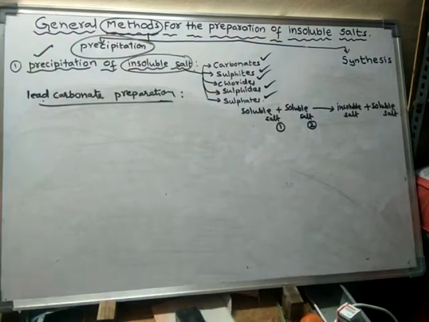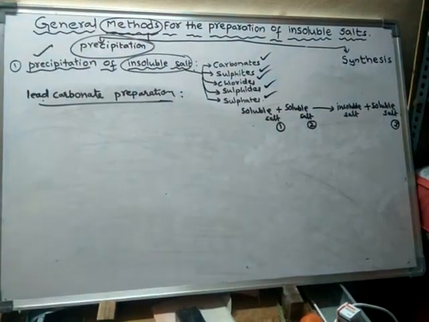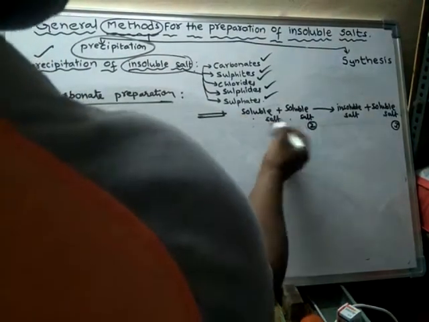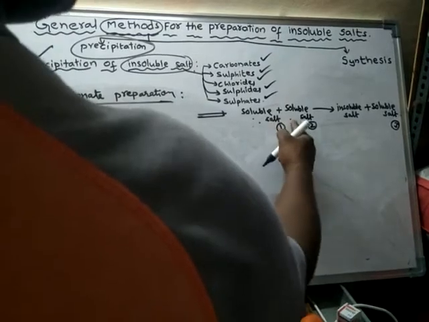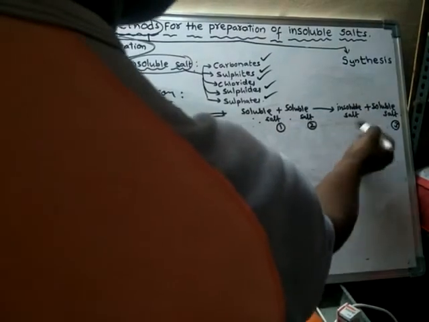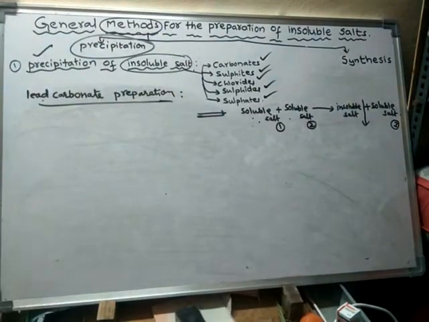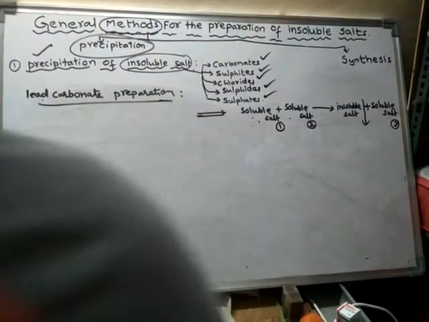Okay, so another soluble salt, this is a new salt. So if two soluble salts are available, then only we can prepare this insoluble salt and one more soluble salt by the precipitation method.